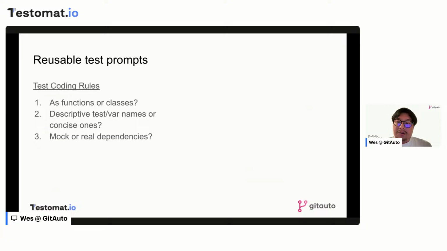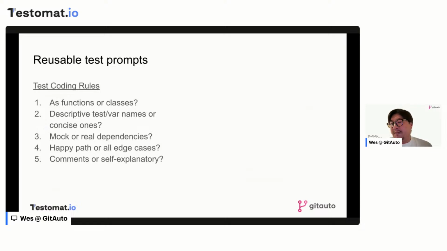And do you want to mock external APIs or real dependencies? And for test cases, only happy paths, or do you want to cover all edge cases as well? Comments or no comments, reference URLs or no URLs. These are all requirements from your side. So you have to explicitly explain your preferences to AI agents, right?